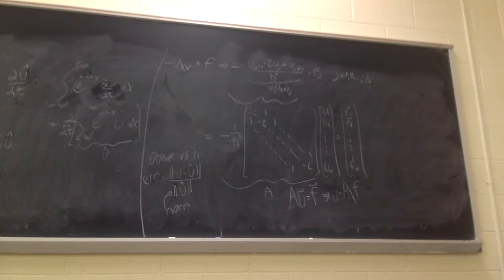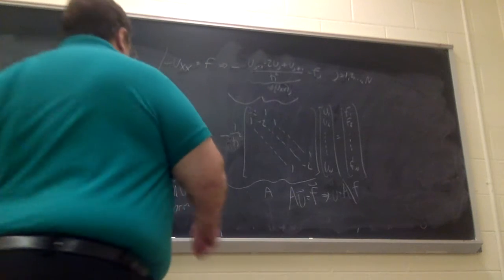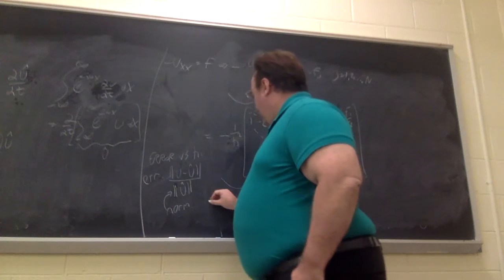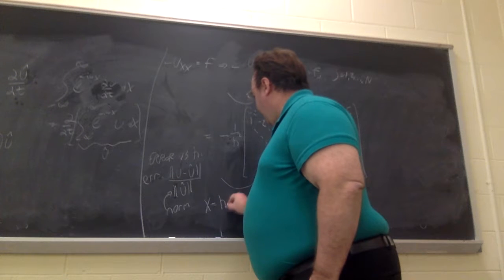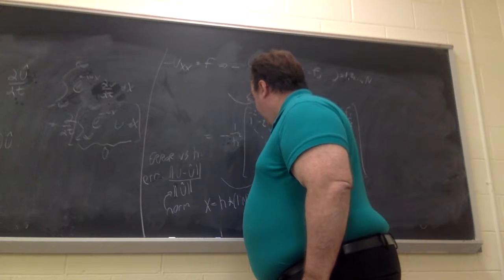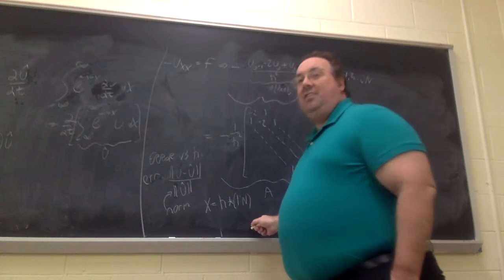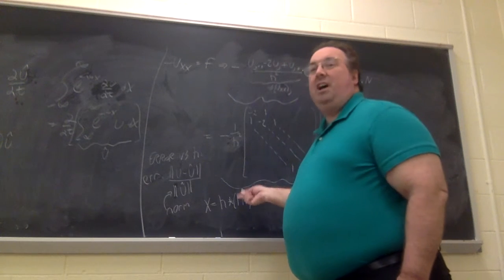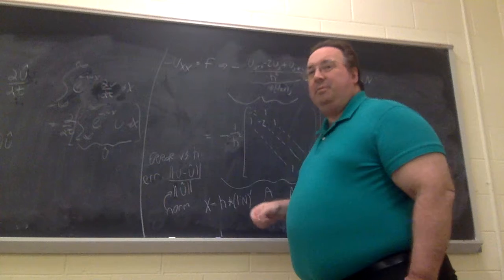Okay, well, I'll write it down here. So since you define h, then you define x as h times 1 colon n to get all the indices. So it's like an implied loop. And then transpose it to make it a column vector.